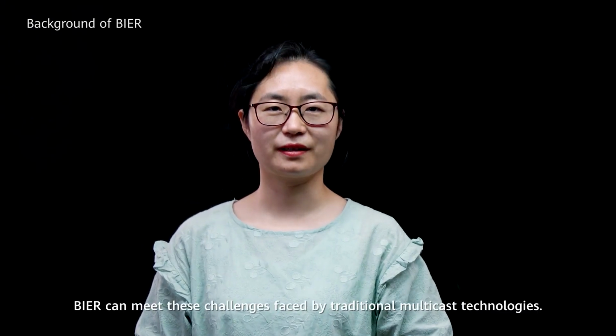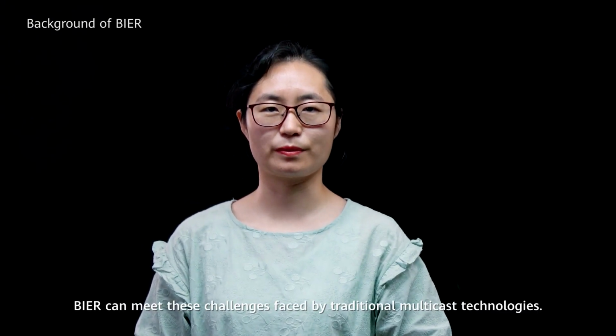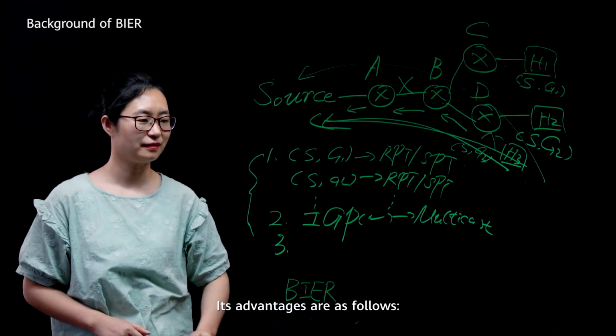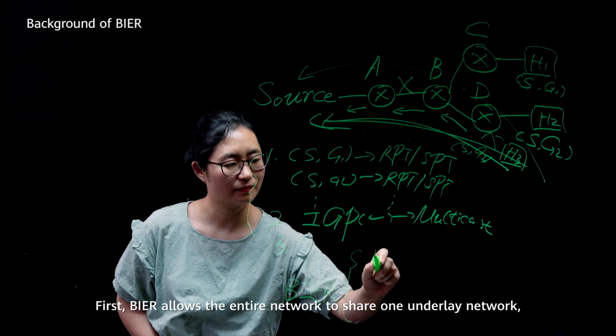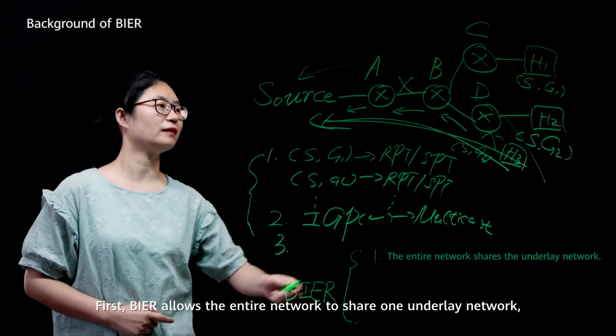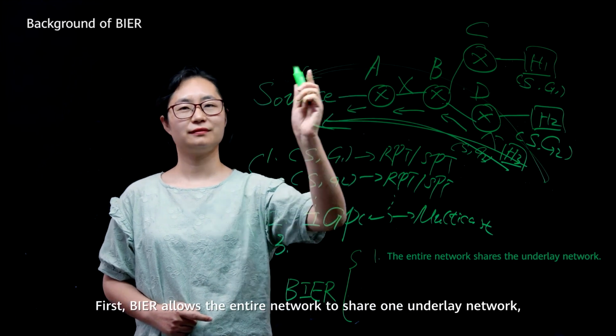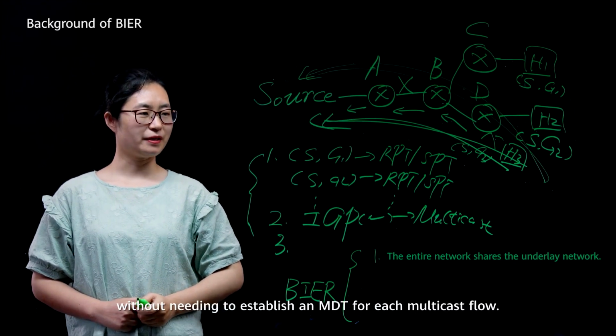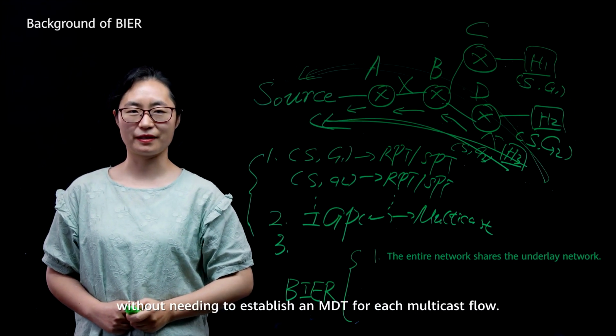BIER can meet these challenges faced by traditional multicast technologies. Its advantages are as follows. First, BIER allows the entire network to share one underlay network, without needing to establish an MDT for each multicast flow.